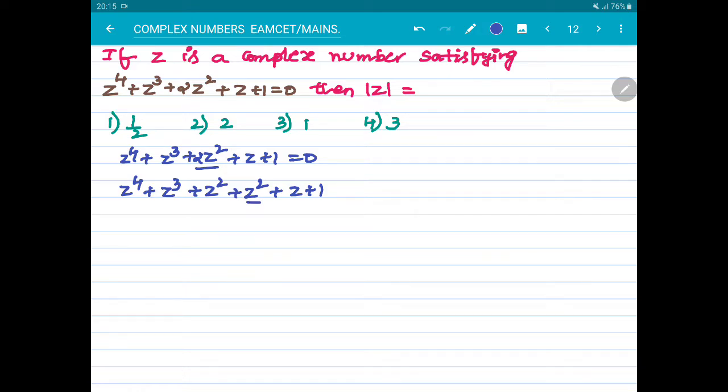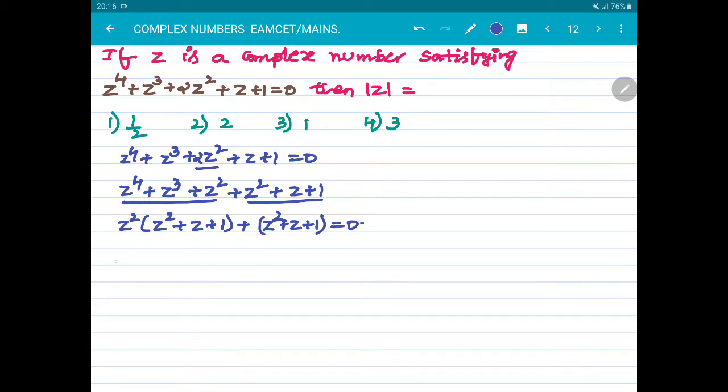Now I am going to consider this part as one unit. And from the first part I am going to take z^2 as the common factor. Z^2, in the bracket we are left with z^2 + z + 1, and again the same factor, z^2 + z + 1, is equal to 0.